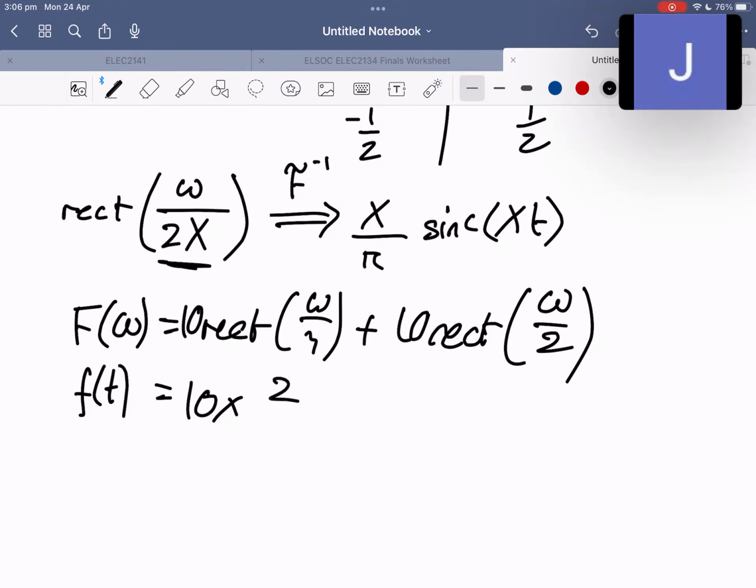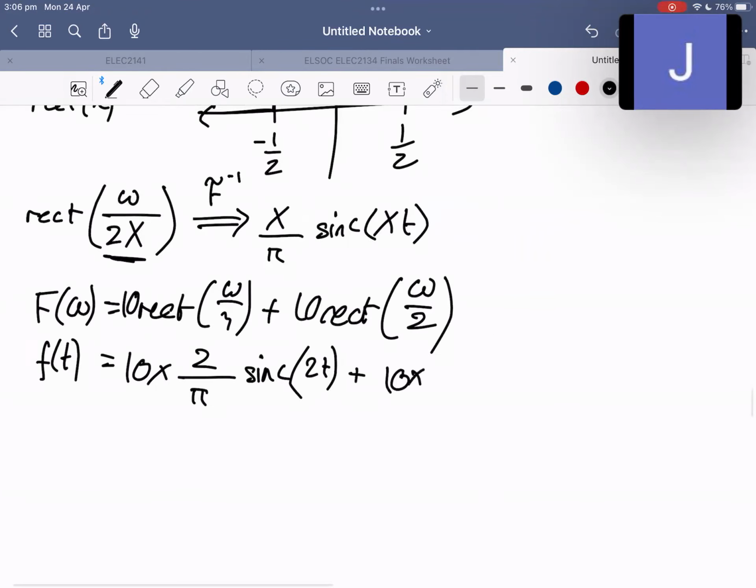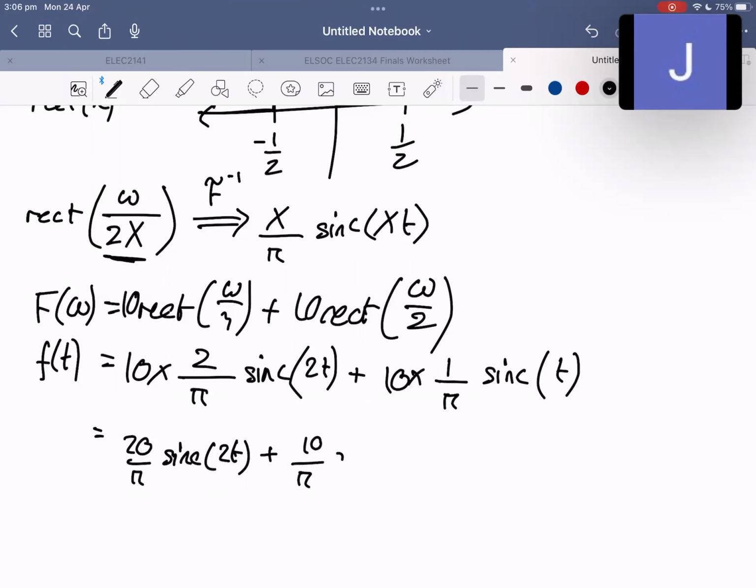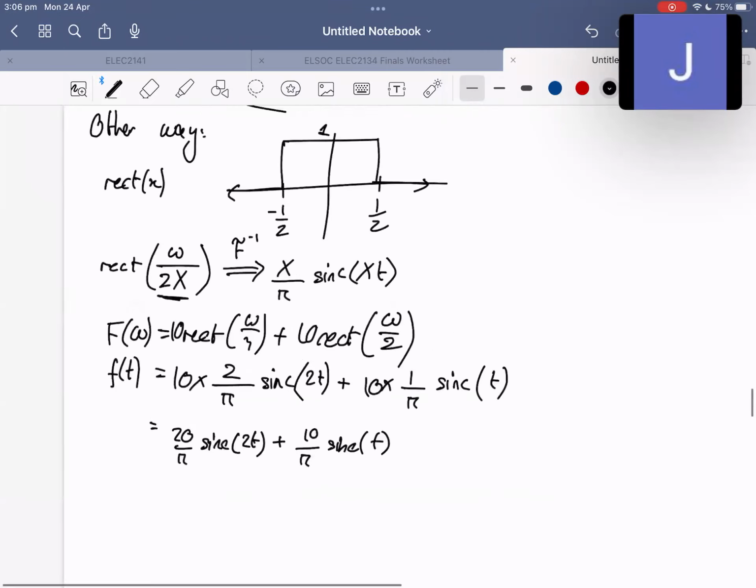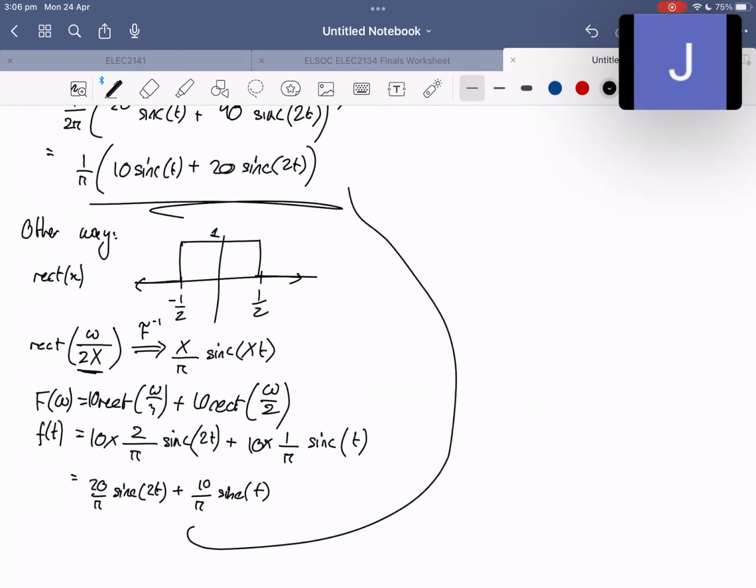So the width is 2, so 2 over pi sinc 2t, plus 10 times x, which is 1 in this case, 1 over pi sinc xt, where x is 1 again, so sinc t. So I have 20 on pi sinc 2t plus 10 on pi sinc t, which is pretty much the exact same thing that I graphed here. So there's 2 ways to go about it.